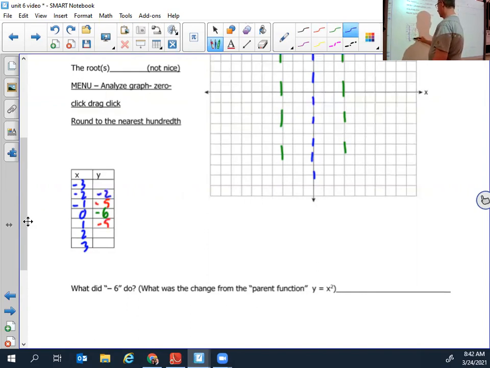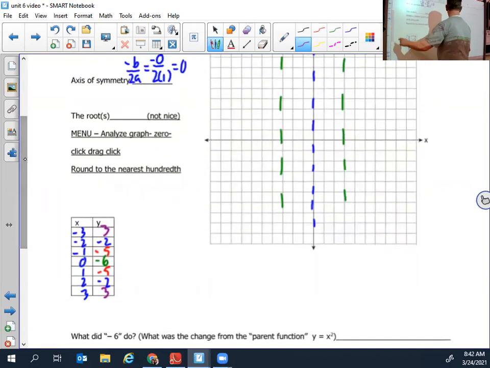Negative 2 and negative 2, and then 3 and 3. I think that makes sense to me. All right, so let me graph that. Make sure you count your boxes. I had a bunch of people last year who did this on a quiz and they didn't count right. They put it at negative 5. Okay, don't be that guy.